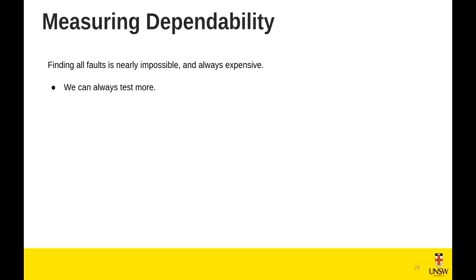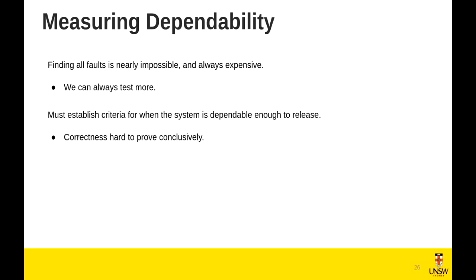We can always test more. So we must have some measurable criteria to define dependability. Let's think about the different properties here. Correctness is normally not used. Remember when we learned verification versus validation, we can use verification to verify correctness.